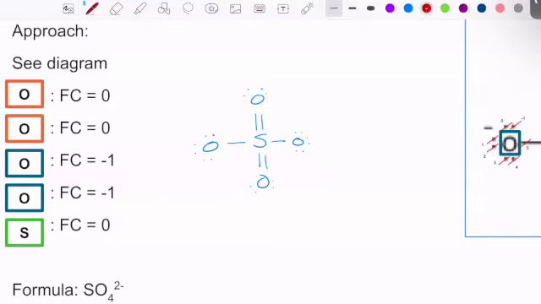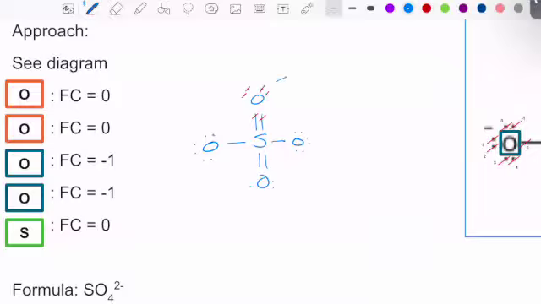For oxygen, we're going to start crossing off our lone pairs and our sigma and pi bonds starting at 5. I'll take this one slowly just to show you. So oxygen is 6, 5, 4, 3, 2, 1, 0.